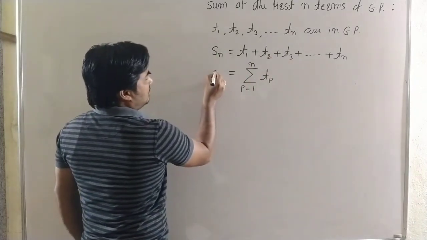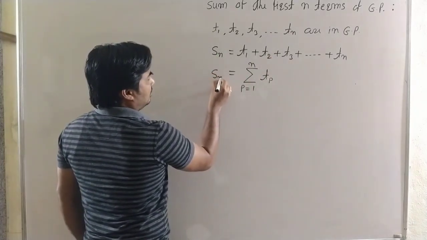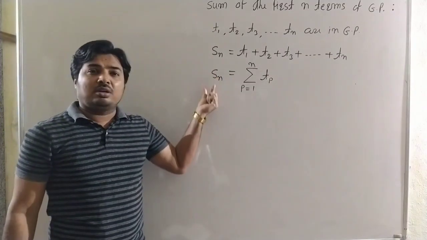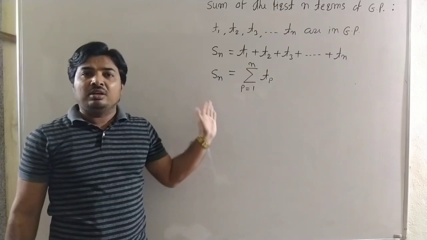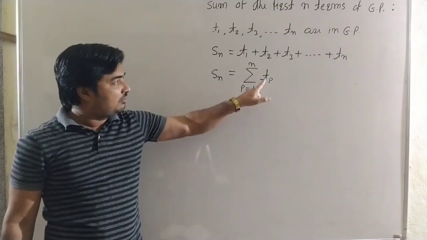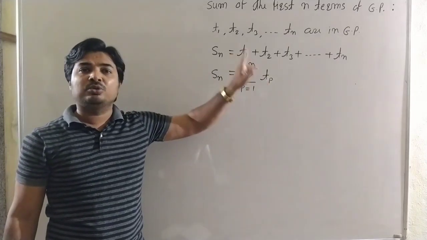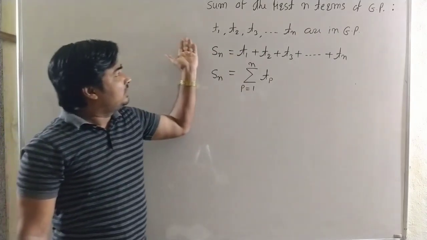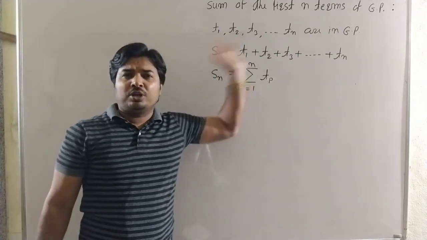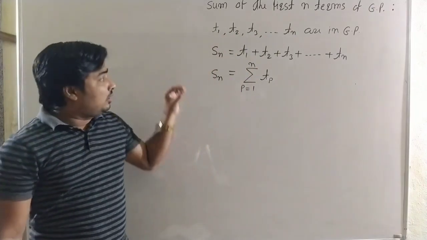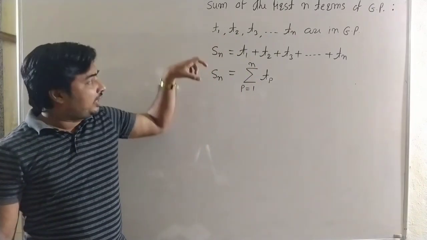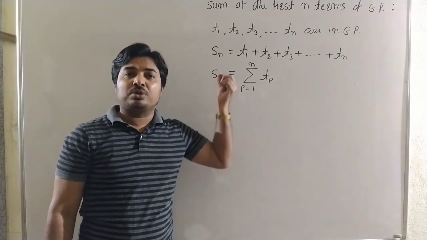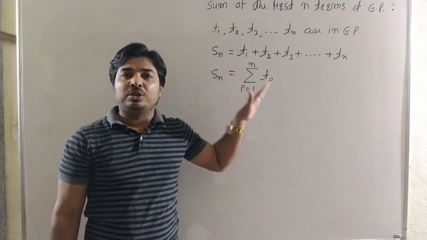It is the sum of the first n terms in a geometric progression, where t1, t2, t3, t4 up to tn are in a geometric progression. Now first we find the formula for the sum of the first n terms in a geometric progression.